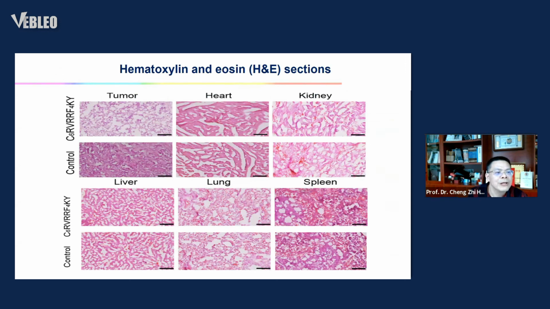And a significant shrinkage of tumor tissues was observed. However, the major organs, including the heart, kidney, and the others, were not affected. So the cancer tissue tests are obviously empty compared to the untreated one.